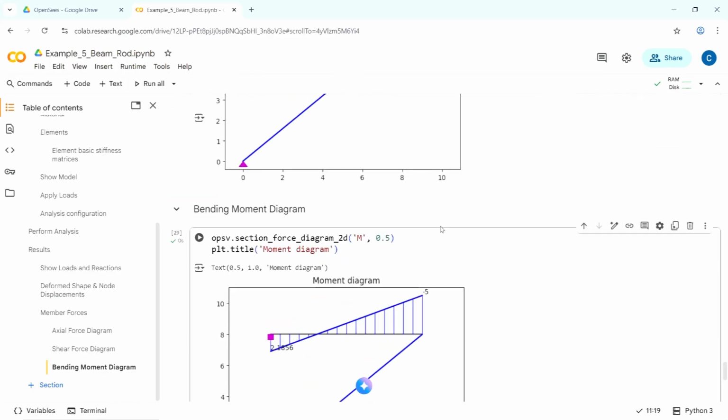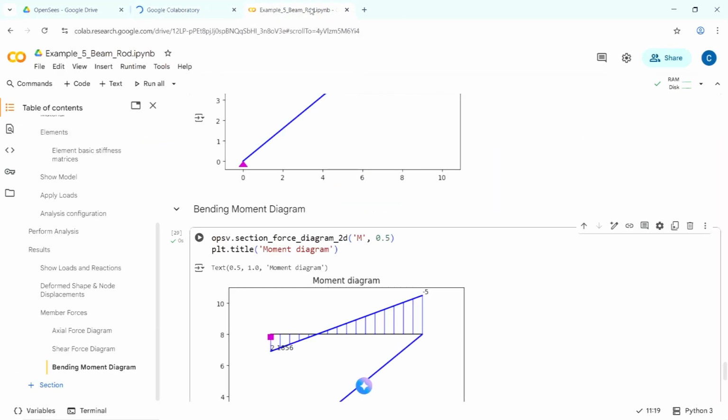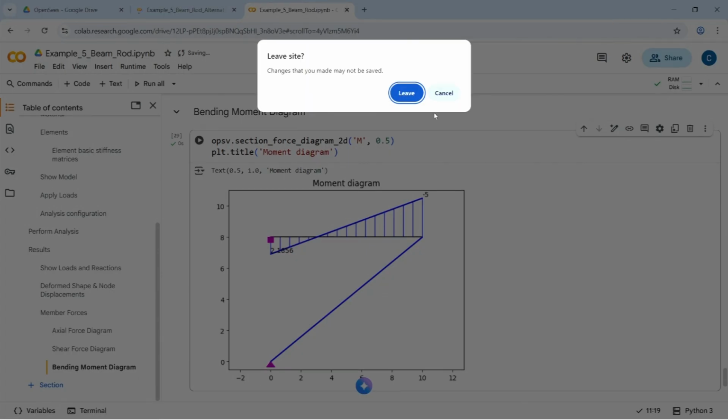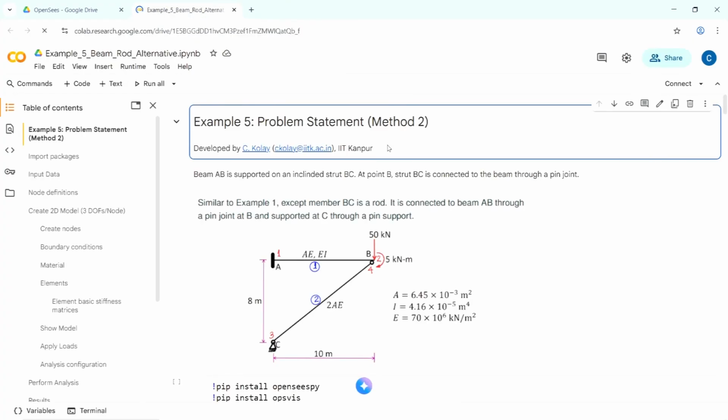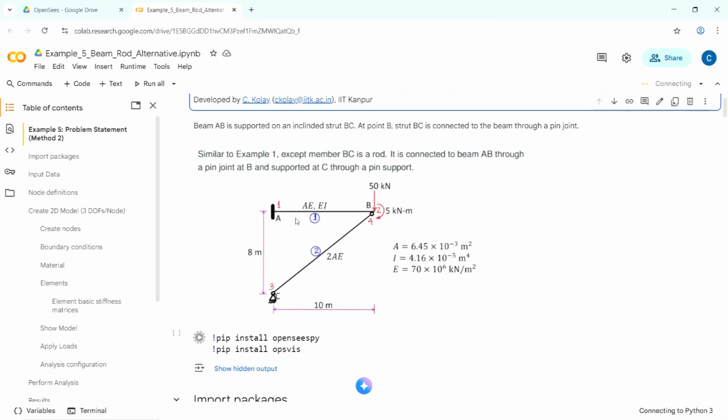Okay. Now, let me go to the modified version of this example, where I am now modeling this element as a truss element. Okay. So, let it open. Okay. So, here is this same example.